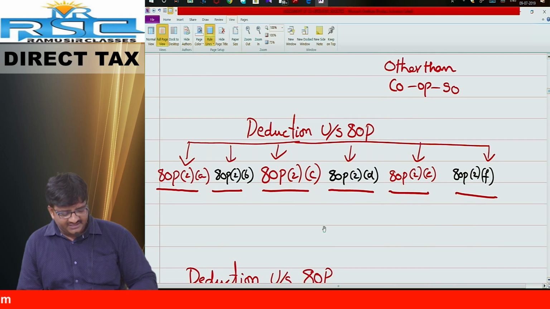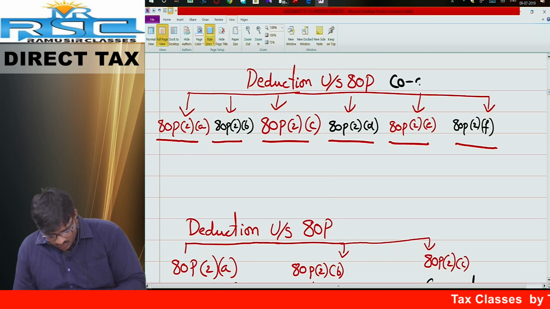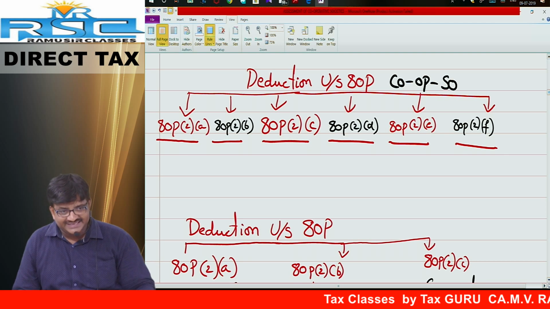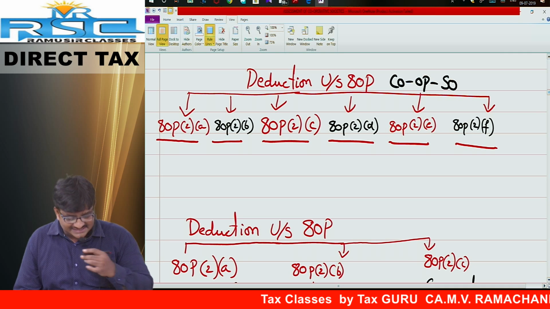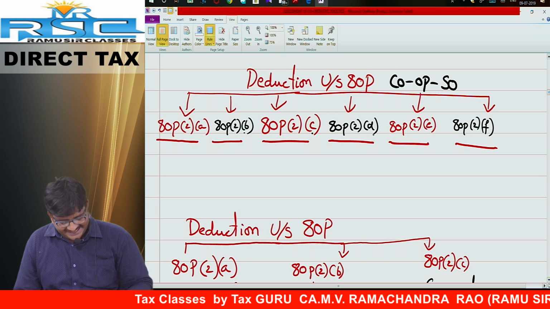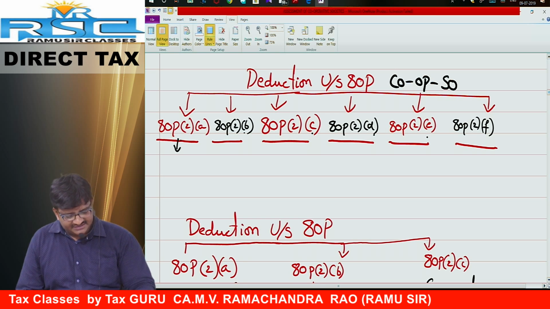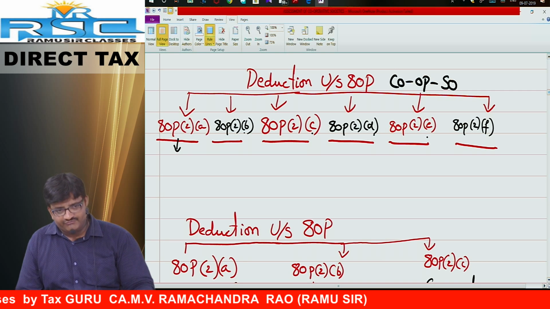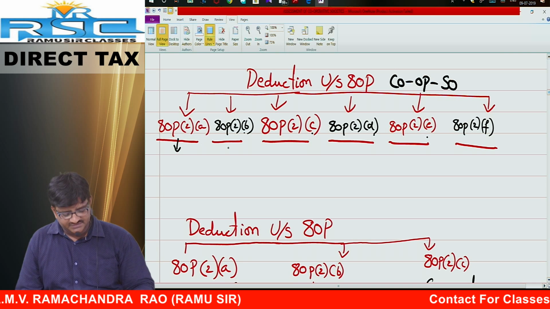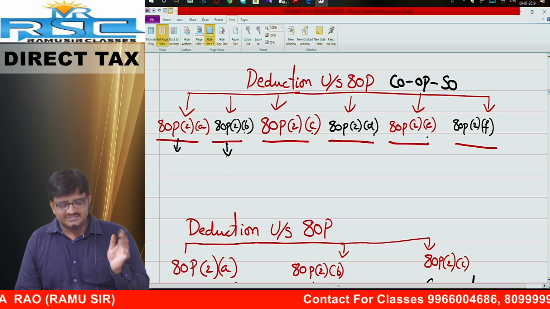Let's start the topic, cooperative society deduction 80P. Applicable only for whom? Very good, cooperative societies. Now it consists of subclauses. 80P sub-section 2, clauses A, B, C, D, E, F. Exactly these many points are there. A: income from different activities is allowed as deduction. B: supply of milk, vegetables to government is also allowed as deduction.